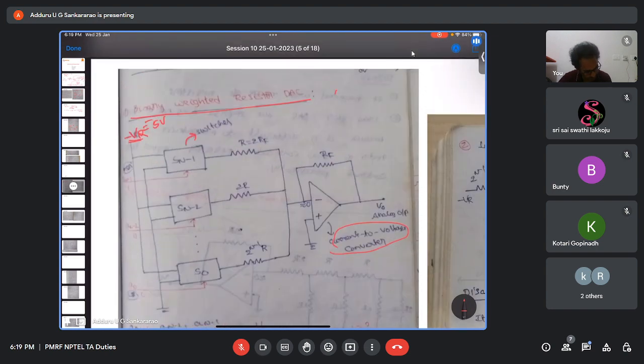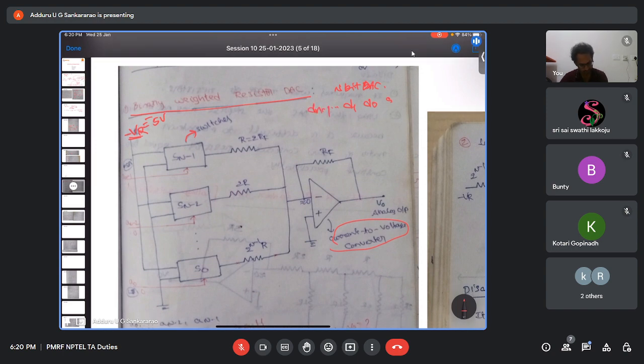So it is an n-bit DAC. Obviously you know how many bits we have: D0, D1 up to Dn minus 1. These are the switches.